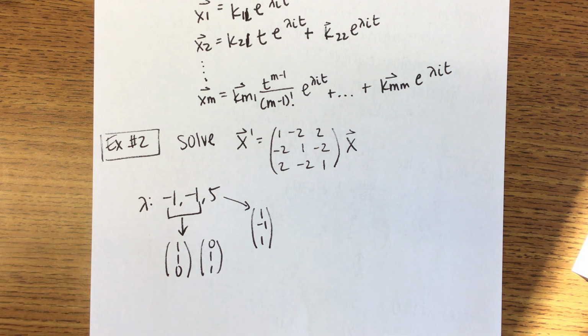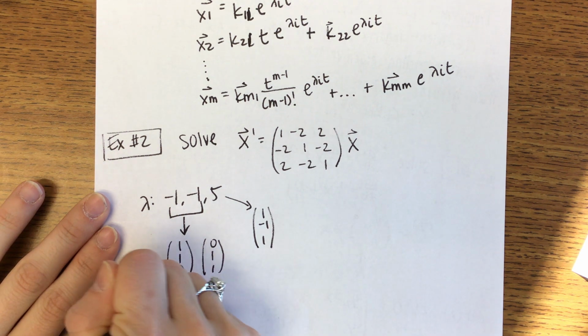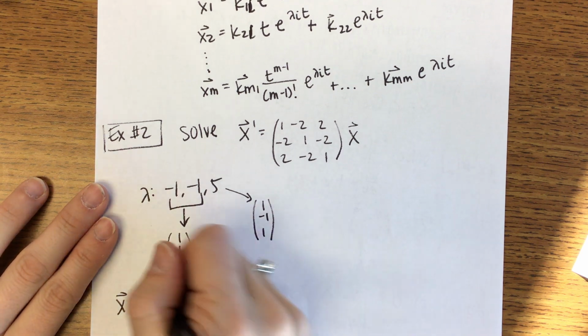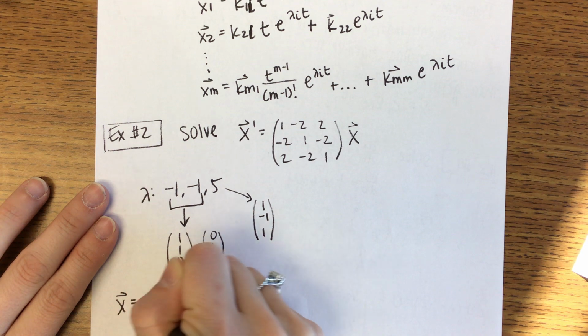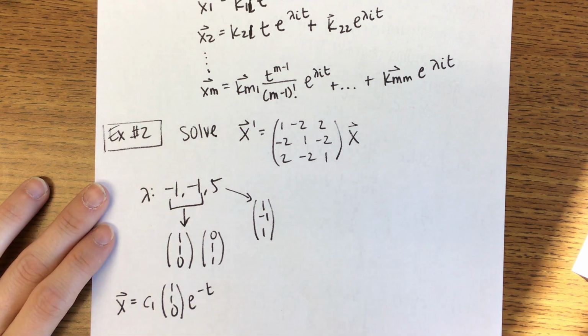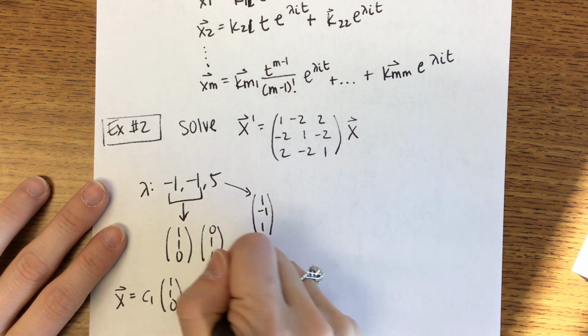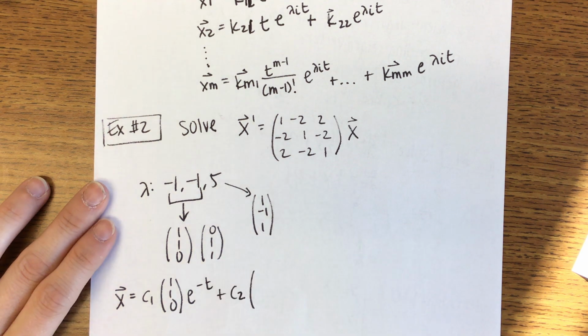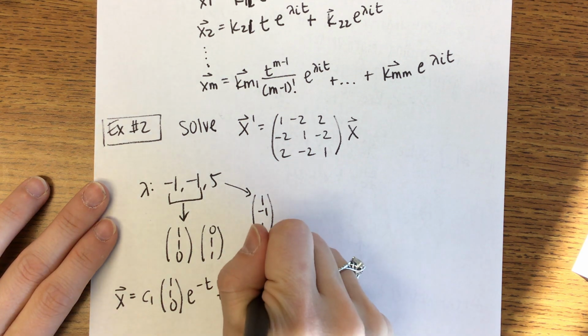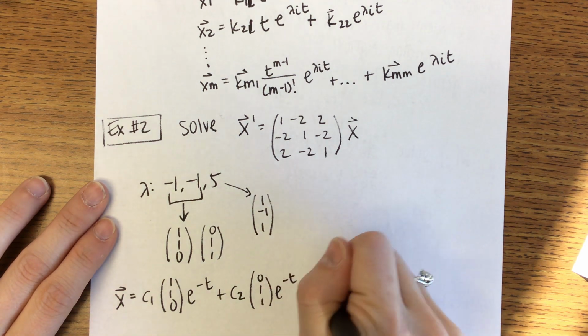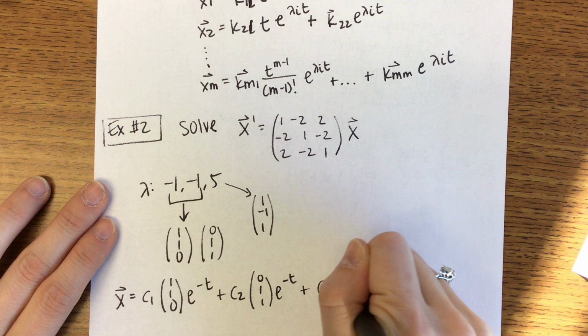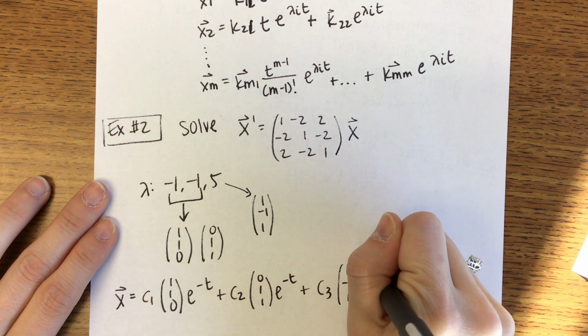So all we're going to do is write what the solution looks like. It's going to be exactly what we did in example 1. X is equal to C1 times 1, 1, 0, e to the -t, plus C2 times the second eigenvector, 0, 1, 1, e to the -t, plus C3 times the third eigenvector, e to the 5t.